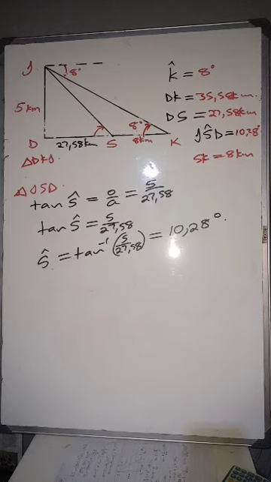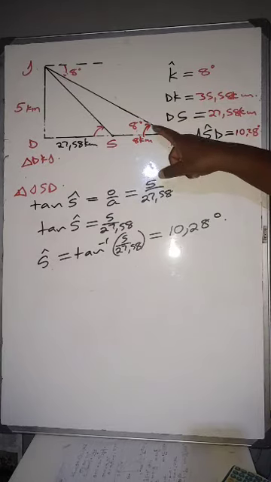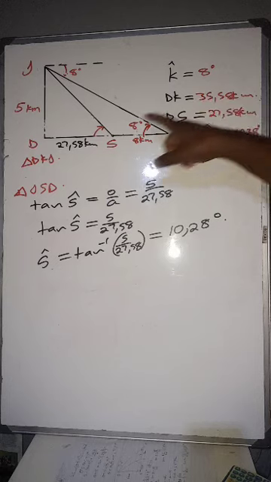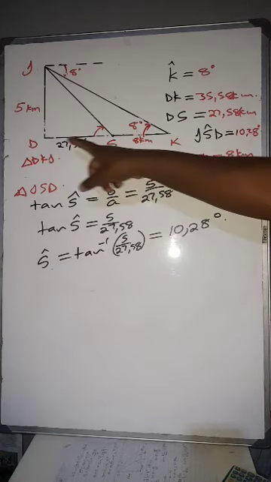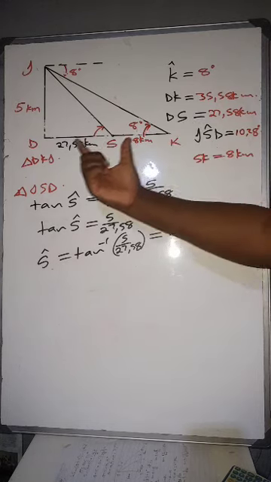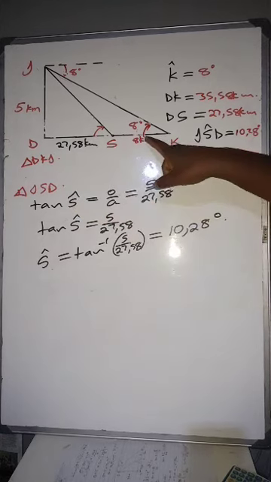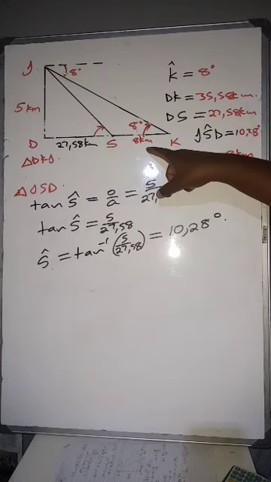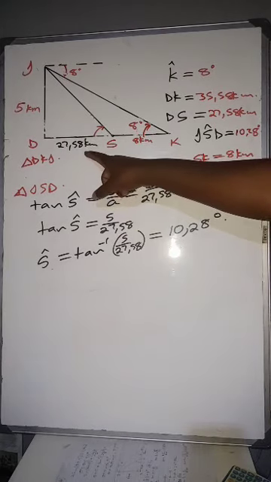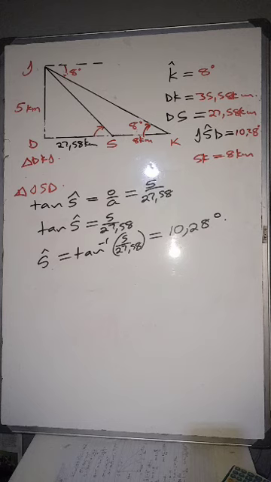So we have seen that our K using alternate angles is 8 degrees, and then DK, that is the horizontal distance from D to K, is 35,58 kilometers, and then DS, we calculated given that SK is equal to 8 kilometers, we saw that it is 27,58 by subtracting 8 from 35,58 kilometers.